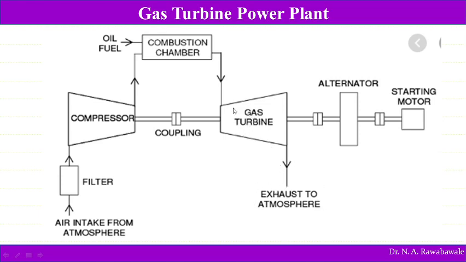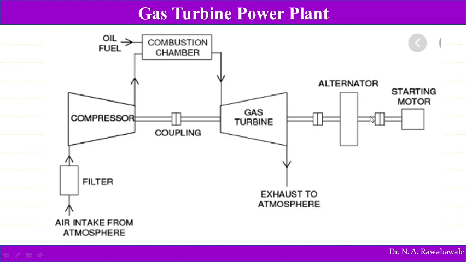When the gases are expanded in the turbine, the heat energy is converted into mechanical work, and the shaft starts to rotate. Part of this mechanical work is utilized by the compressor to compress the air, and the extra part of the mechanical work is supplied to the alternator, or we call it a generator. This generator converts the mechanical work into electrical energy. For starting this gas turbine, it is necessary to have a starting motor.